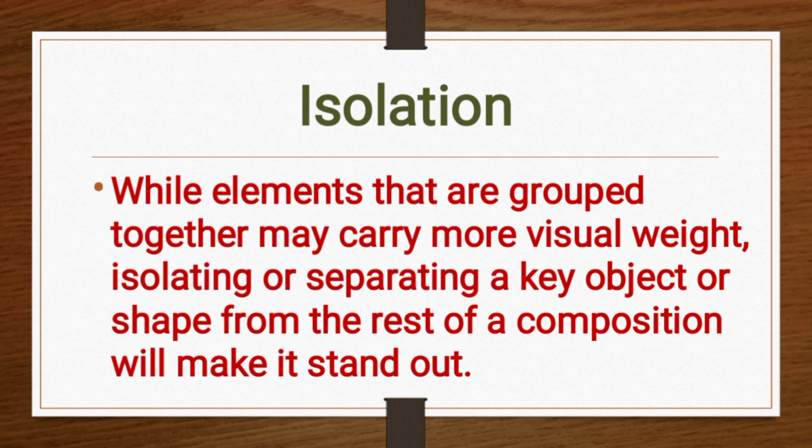When you have a group of design elements at play on a surface, and you isolate or separate a particular object or shape from the rest of the composition, it makes it stand out. It automatically draws the viewer's attention to what you isolated.